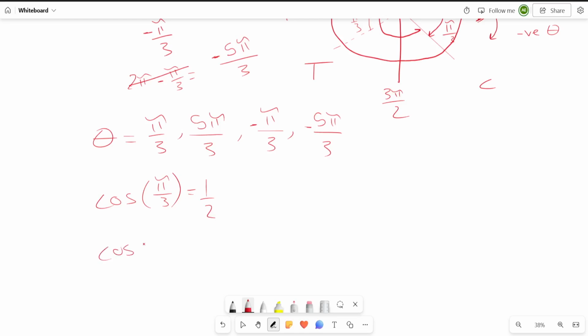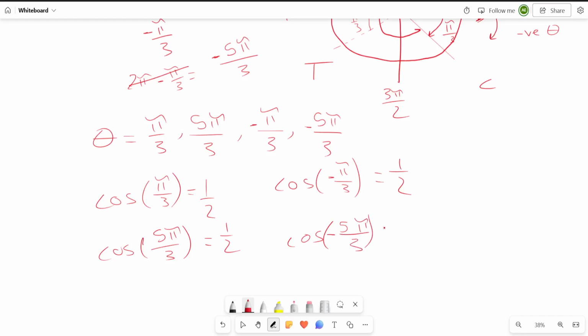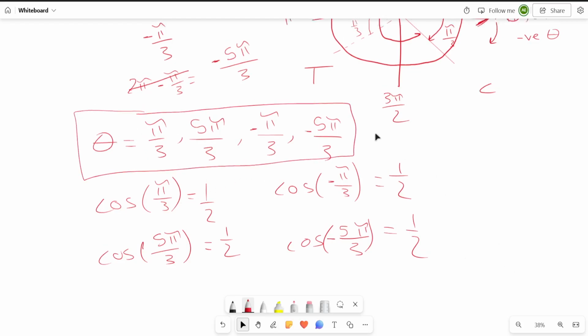Let's check on the calculator: cosine 5 pi over 3 also gives me a half. And let's check cosine of negative pi over 3. This should give me a half as well. So cosine negative pi over 3 is also a half. And confirming that cosine of negative 5 pi over 3 will also give me a half. So these are my 4 solutions within my range for this part.